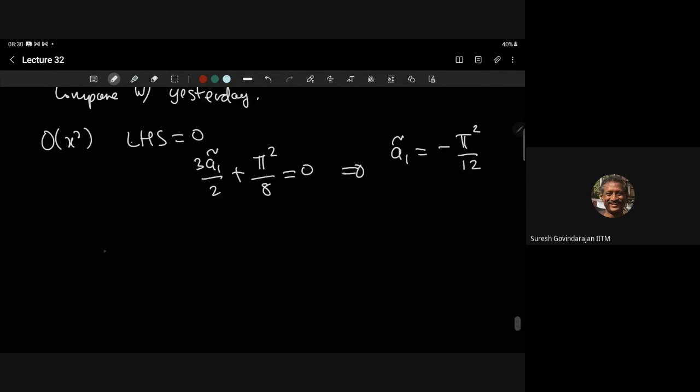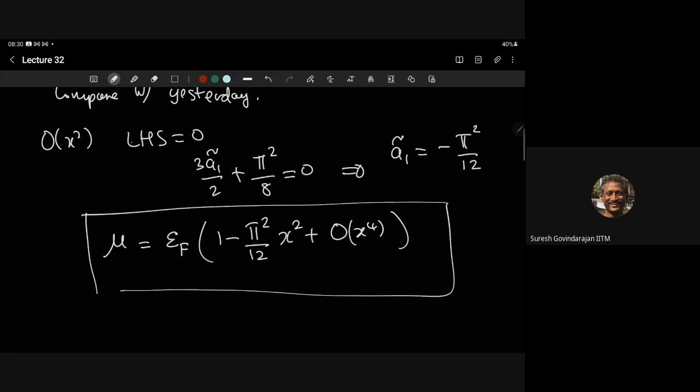So we get our formula. Okay, there are exponentially suppressed terms. I'm not bothered. So this is the answer. Is this correct? Yes. Okay, good.